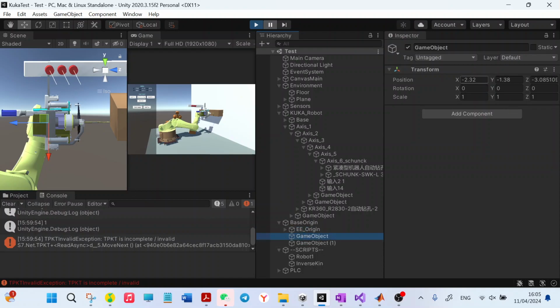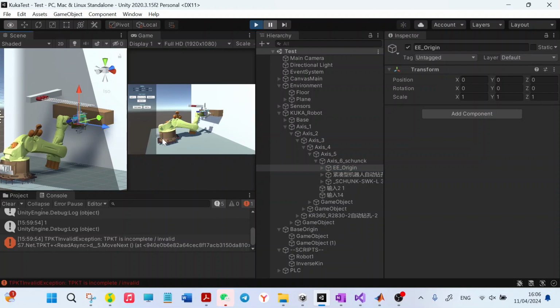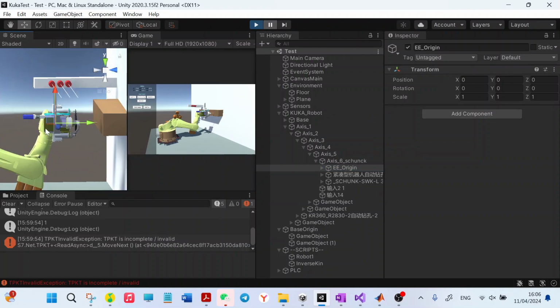So this value 232, here we have also 232, here 138, here also 138, 3084, 3085. So the same point. That's how we can check that we arrive at the correct position. Next, we can move it back. So that's how we can check that inverse kinematics was calculated right.